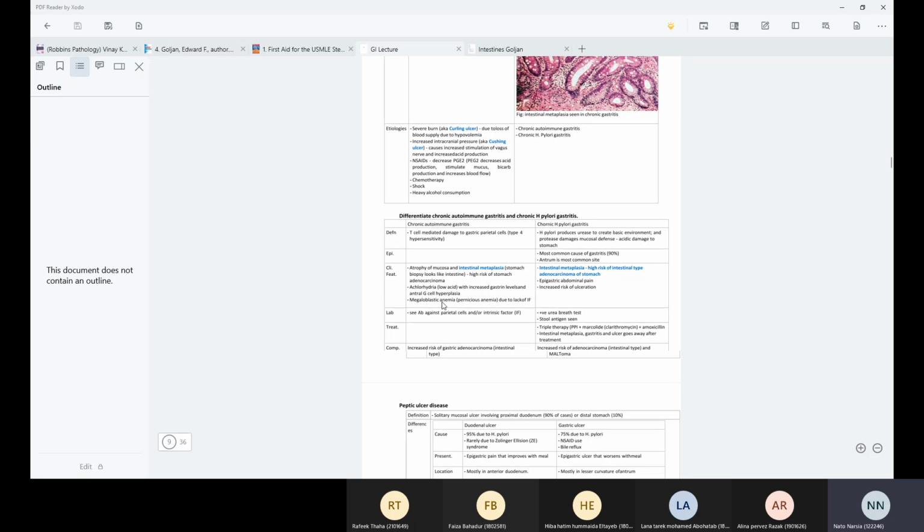Megaloblastic anemia because of B12 deficiency. Under the microscope, the pathologic change will be G-cell hyperplasia. Clinically, you will find achlorhydria, and morphologically, you should find intestinal metaplasia and grossly atrophy. Okay, grossly atrophy. Laboratory finding, you should find antibodies. It is very logical because it is an autoimmune disorder. And antibodies against intrinsic factor as well.